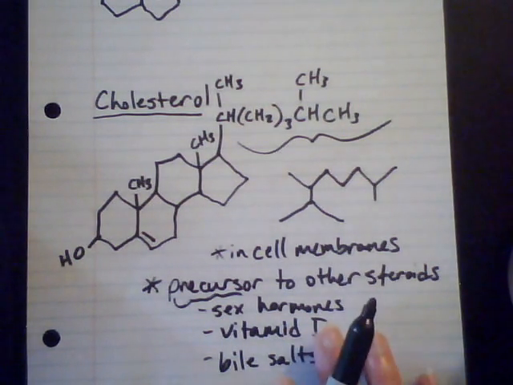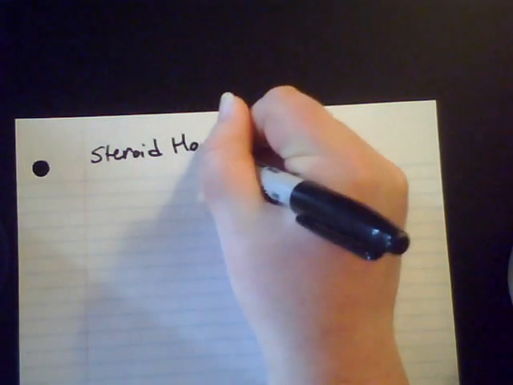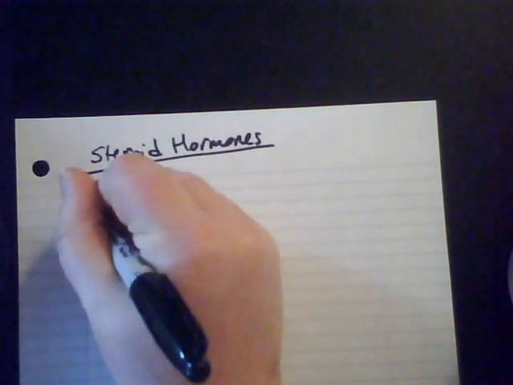So within steroids, one of the most important functions that they have is as hormones. And so I want to talk a little bit about hormones, kind of in the context of steroids. Steroid hormones. So let's talk about hormones in general.